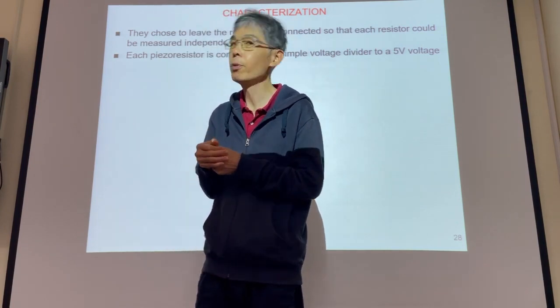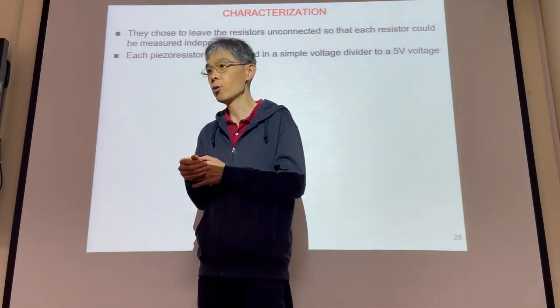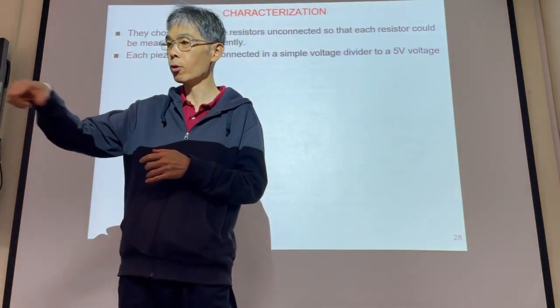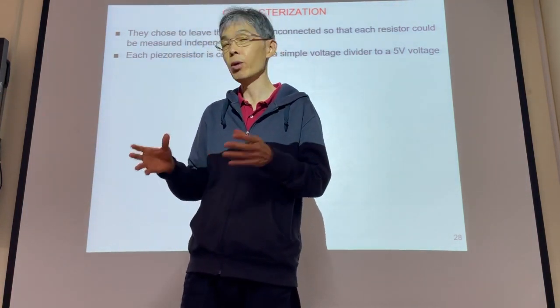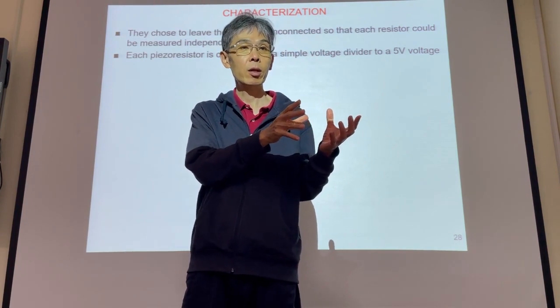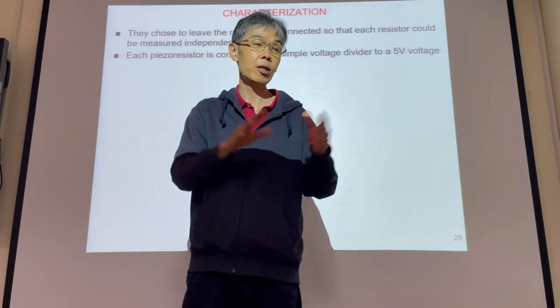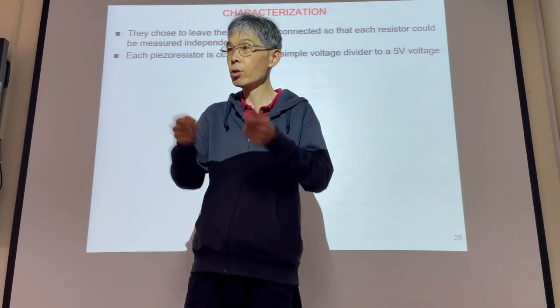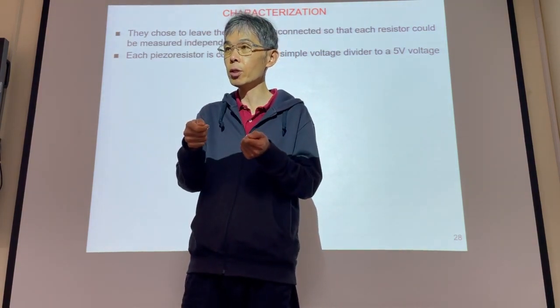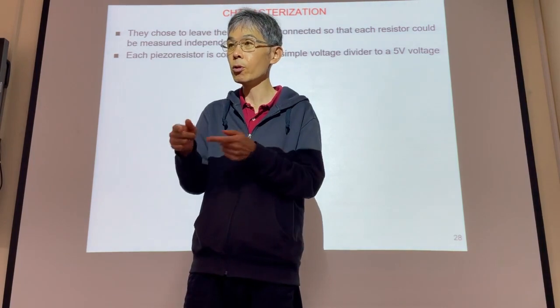So when you fabricate your device, you need to have device 1 with all connected as a Wheatstone bridge. But you need to have another device where the 4 R's are not connected. This way, you can use your multimeter to measure the resistance individually.